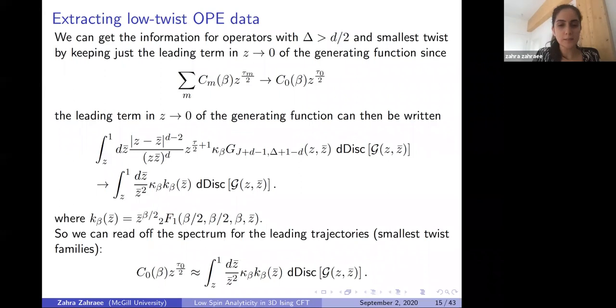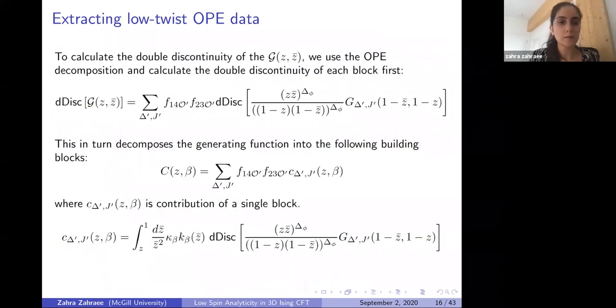To calculate the right-hand side of this equation, we need to calculate the double discontinuity. We don't know the full double discontinuity. So what we do is we decompose the double discontinuity of the correlator in terms of the OPE coefficients, in terms of the OPE decomposition in the cross channel. The double discontinuity of the correlator is then given as a sum over the double discontinuity of blocks.